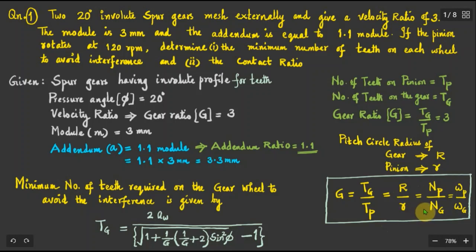It is also equal to NP by NG, that is rpm of the pinion by rpm of the gear, and that is also equal to the angular velocity of the pinion by angular velocity of the gear. So these ratios you must remember. Gear ratio G is equal to TG by TP, which is equal to capital R by small r, which is equal to NP by NG, which is equal to omega P by omega G.